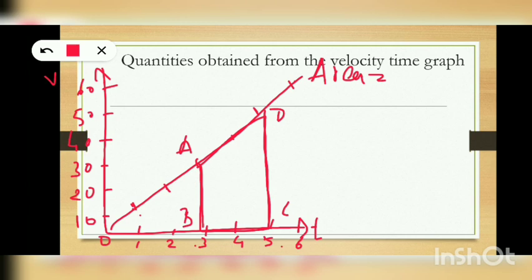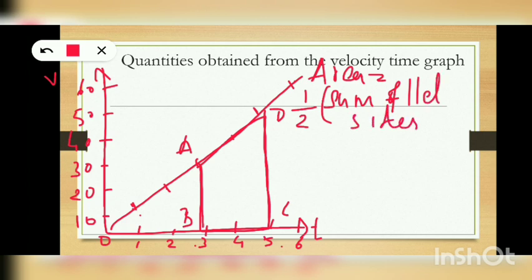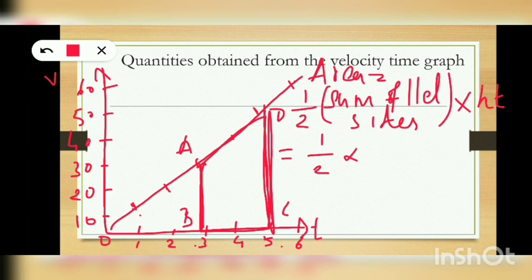Area of trapezium is half into the sum of parallel sides into height or base. Which are the parallel sides here? In this trapezium, AB and DC represent the parallel sides. Even though their lengths are different, these sides are parallel to each other.